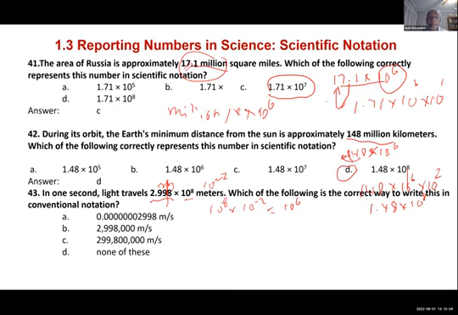Then you convert this number the following way to write it in conventional notation. Do you see this one is the correct answer? The decimal place is moved 6 places.